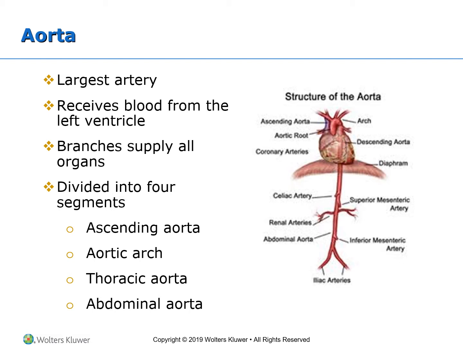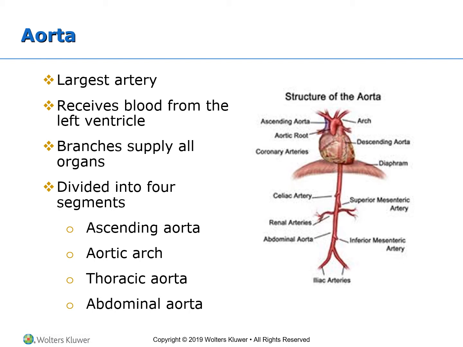At the level of the descending aorta, we describe two parts. We can divide it into the thoracic aorta that will descend just anterior to the vertebral column, in close contact with the bodies of the vertebrae. That is posterior to the heart and inside the space of the chest called the mediastinum.